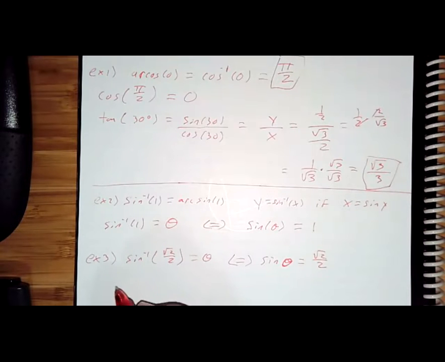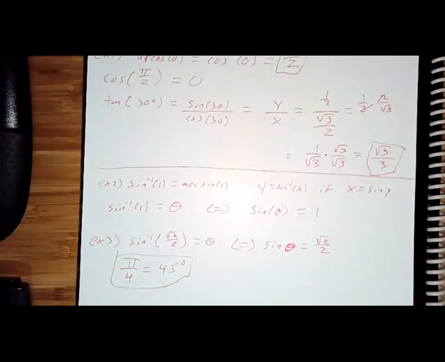Yeah, the angle they're looking for would be pi over 4 or 45 degrees. One of these. So that's my theta. When you look at these questions, it's the same thing.